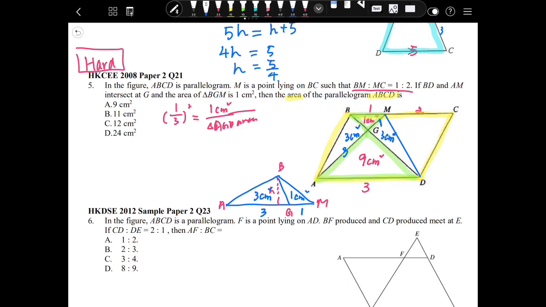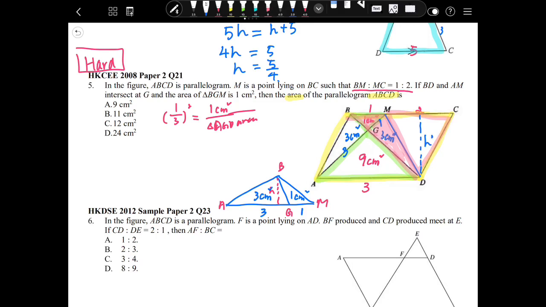At the end, I need one more triangle, and I have the same height as well. If I look at this triangle and this triangle, in total here will be 4. We have the same height but different bases. Where is the height? The height is here. They have the same height again.